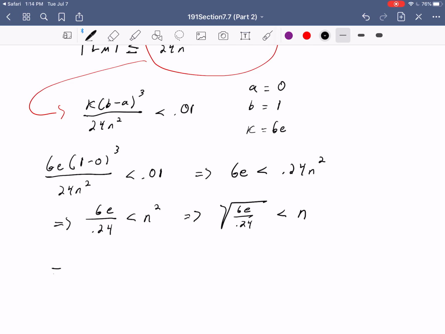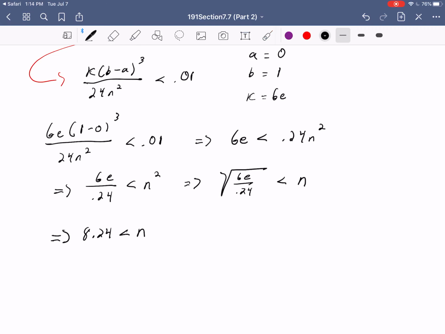And of course, coming up with an approximation there, square root of 6 times e divided by 0.24, that should come out as about 8.24 is less than n. So we need to make sure that n is a whole number that is larger than 8.24, but is as small as possible. Notice that tells us n equals 9.